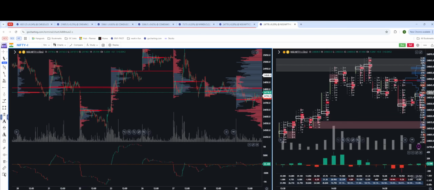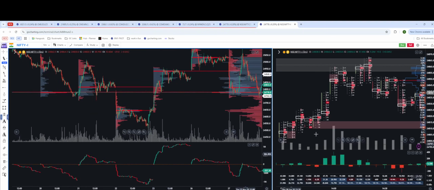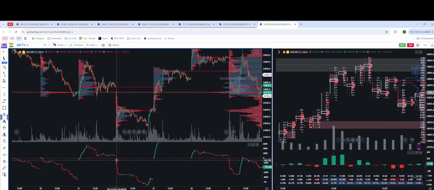I'll share two rules around price and delta bar. But first, quickly, what is cumulative delta? Cumulative delta is the sum of the delta for the entire session as the session progresses.